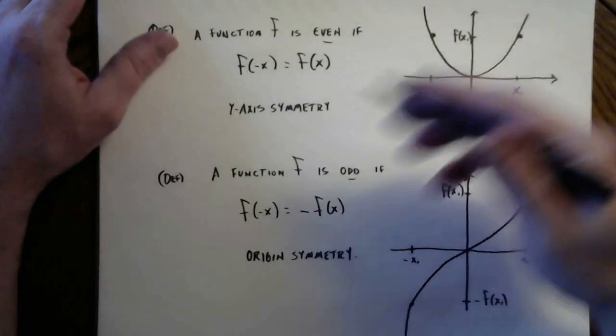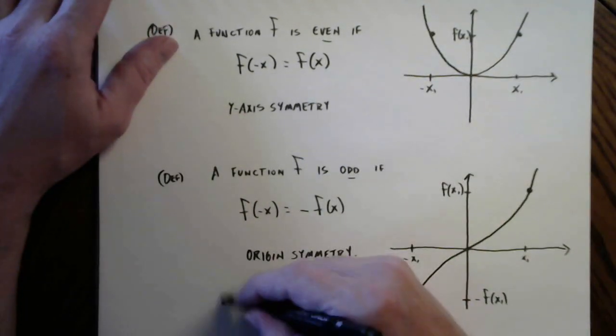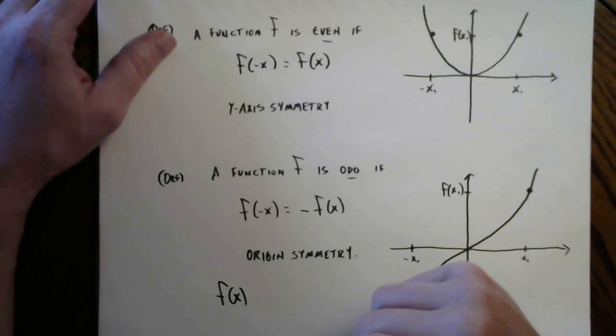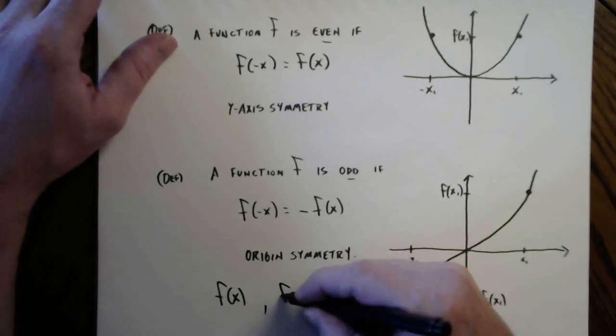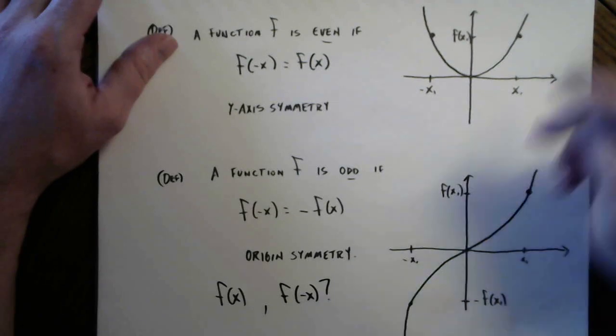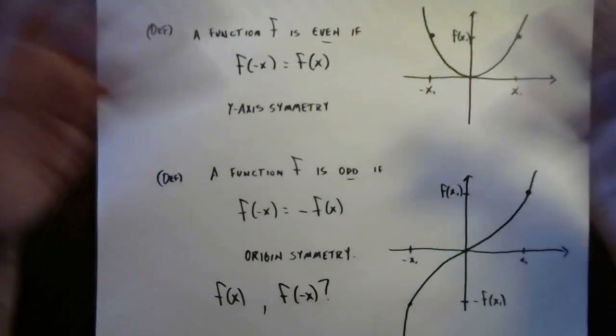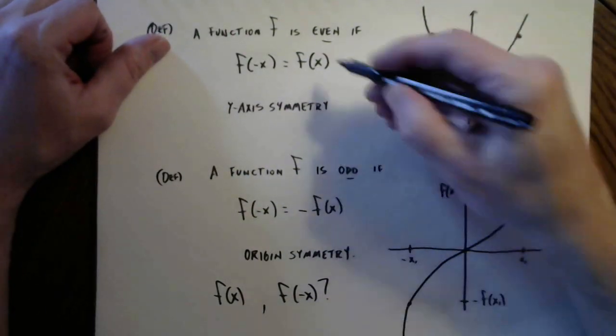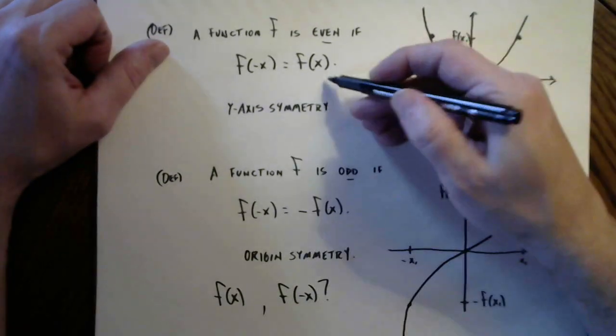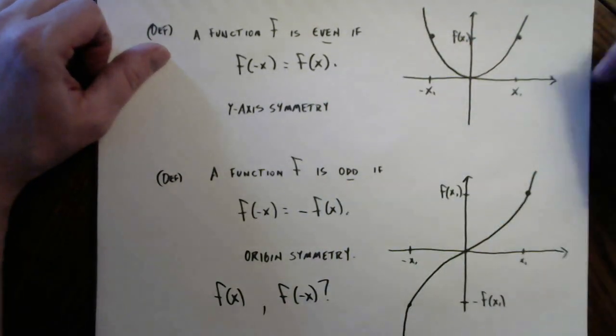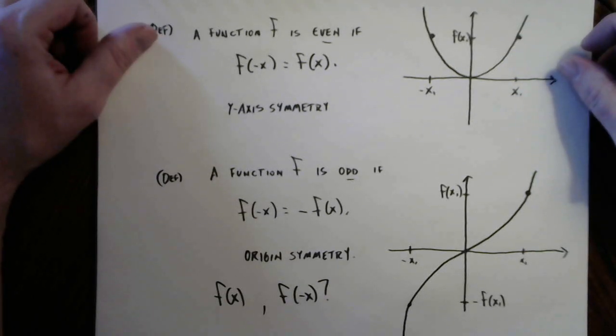So given a function f, if you're given f of x, then we're going to say, well, what's f of negative x? I'm going to just put negative x into the function and see what it is, and if it's either one of these, the original or the negative of the original, I've answered the question. So that's the good news, is you check both of them at once. So let's see an example or two. Let me find something here.